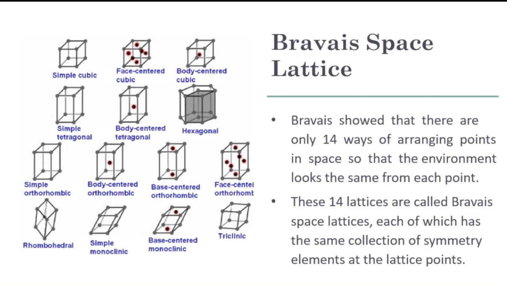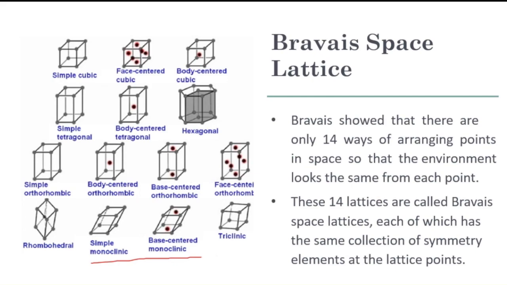Similarly, tetragonal can be simple tetragonal or body-centered tetragonal. Orthorhombic can be of 4 types: simple orthorhombic, body-centered, base-centered, and face-centered. The monoclinic can be of 2 types: simple and base-centered. So in total, there can be only 14 ways by which we can have the Bravais space lattice.